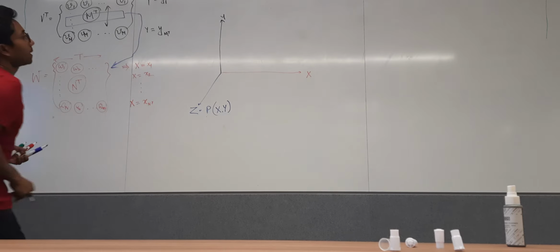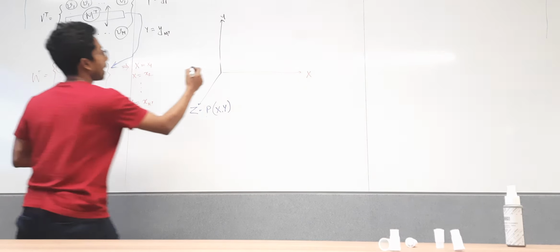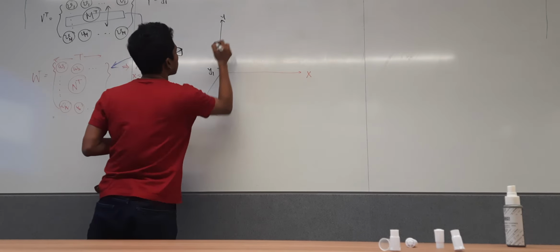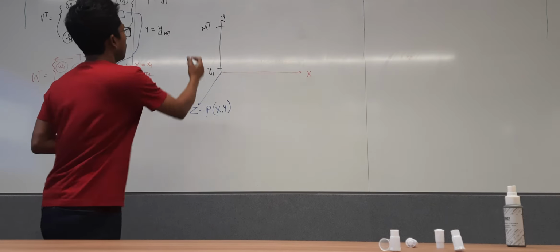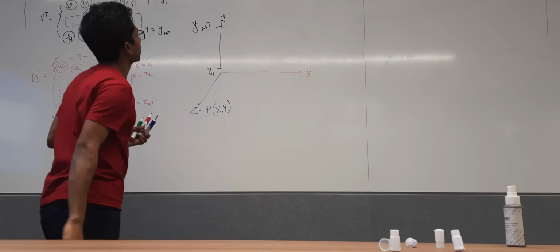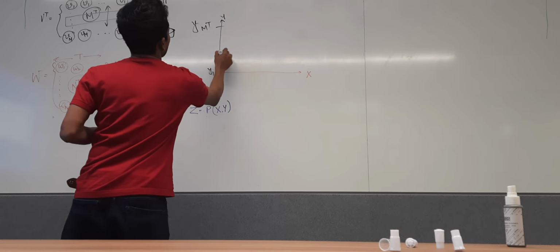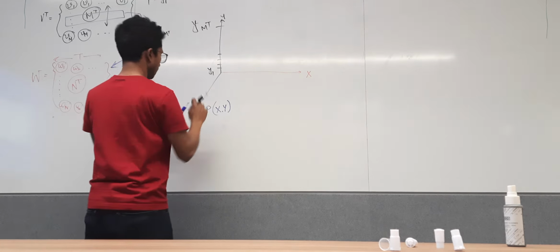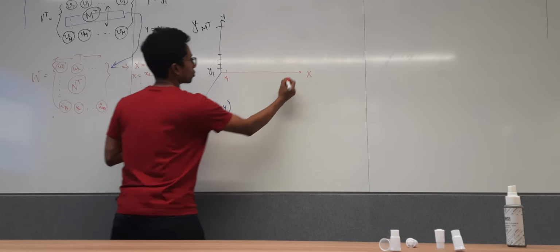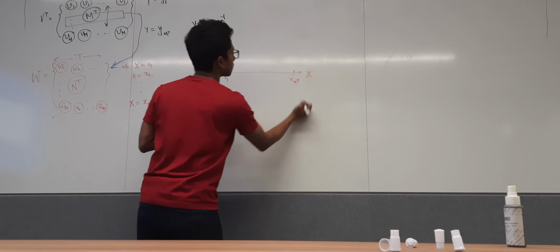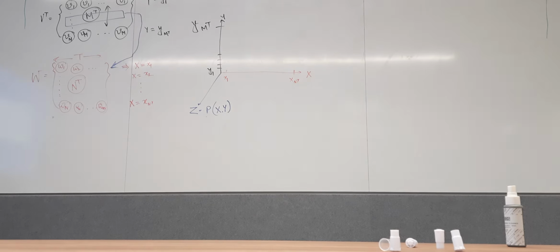So this random variable y can have values from y1 to m to the power t, and the x will come from x1 to x n to the power t.